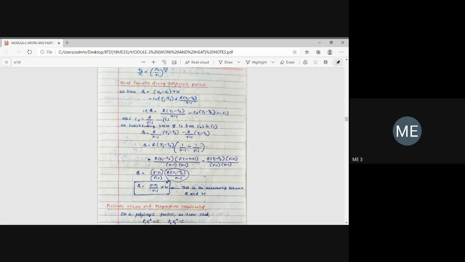So when you write the minus in that, just you change instead of T2 minus T1, you have to write it as T1 minus T2. Okay, third step is rearranging the term. Q equals to R into T1 minus T2 divided by N minus 1 minus CV into T1 minus T2. Okay, so you call it as equation number 1.